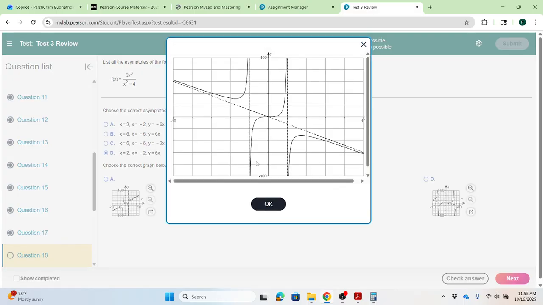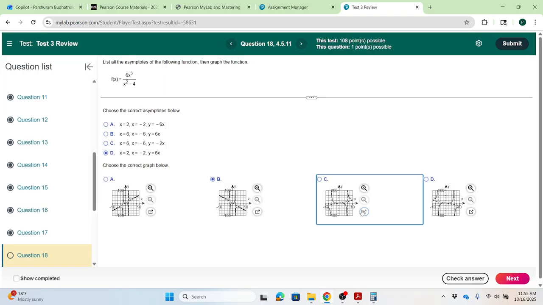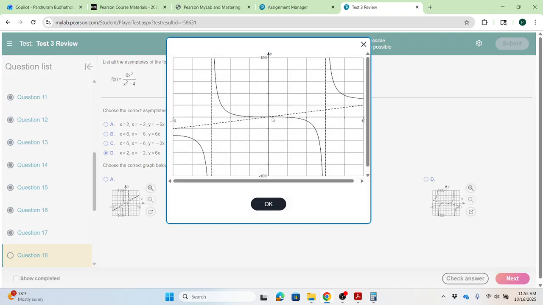This is not right because y equals 6x. This is not y equals 6x. What about this one? This is y equals 6x. If x is 2, the y is supposed to be 12x. This is 20. So it might be okay, I don't know.